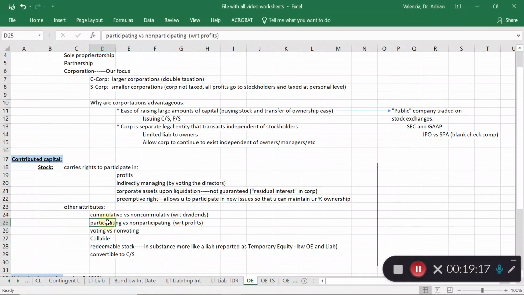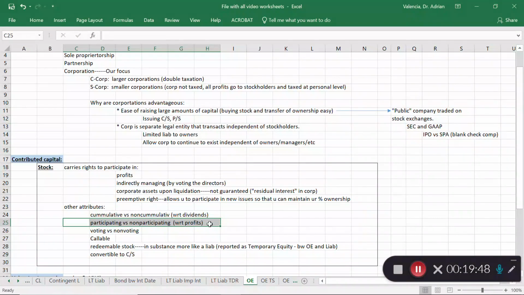Now, here's one related to preferred stock. Is that preferred stock participating versus non-participating? Again, this is with respect to profits. So if you recall with the cumulative versus non-cumulative conversation, the typical preferred stock has a stated dividend, right? So it is stated that you get $1 per preferred stock share every year, okay, to keep it simple here.